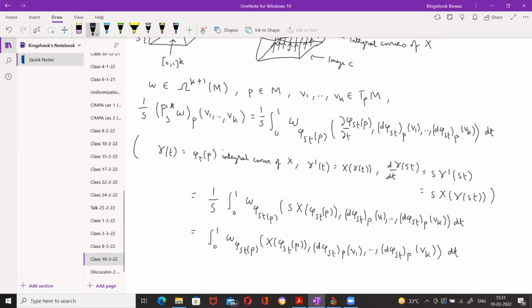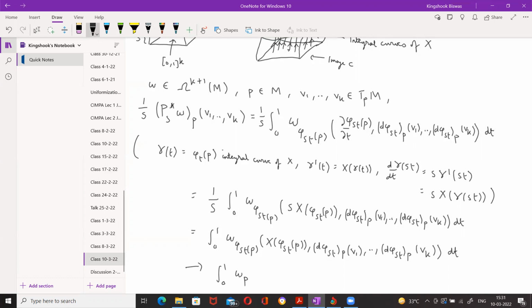Now what happens as s tends to 0? As s tends to 0, phi st p tends to phi 0 of p, right? Which is just the identity. So this becomes omega p.